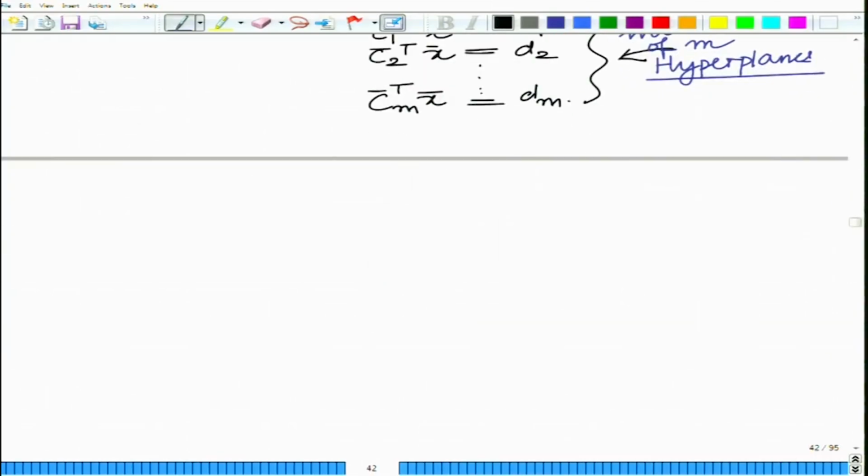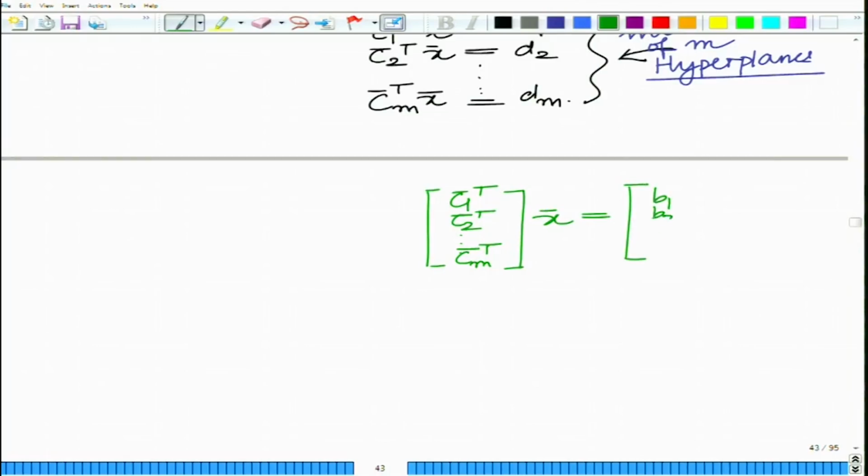Again I can concatenate this system and represent this as follows: C1 bar transpose, C2 bar transpose, up to Cm bar transpose, times x bar equals D1, D2 up to Dm. So, this is the matrix C, and let me call this vector D bar.